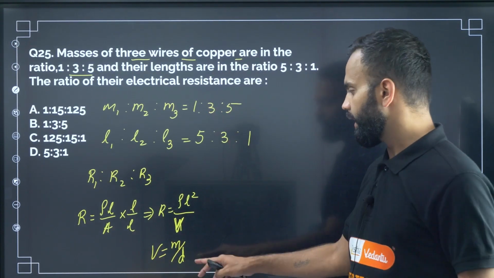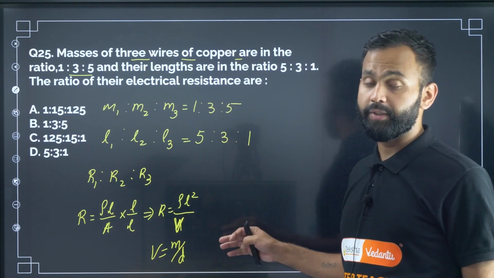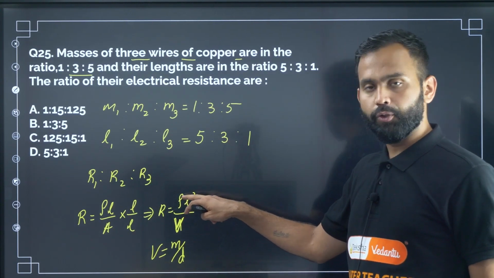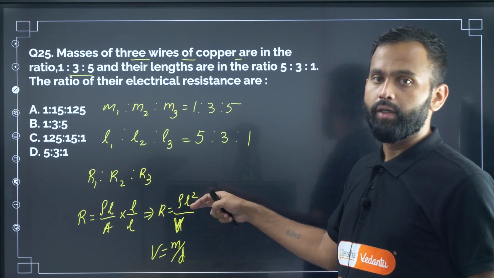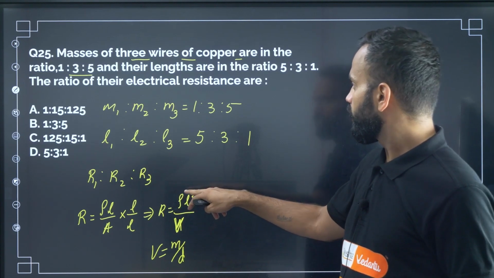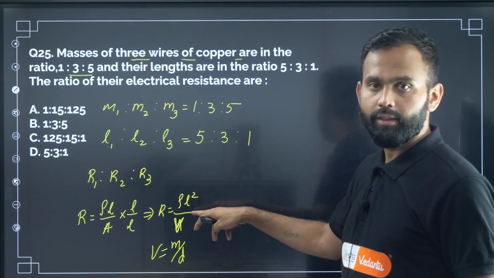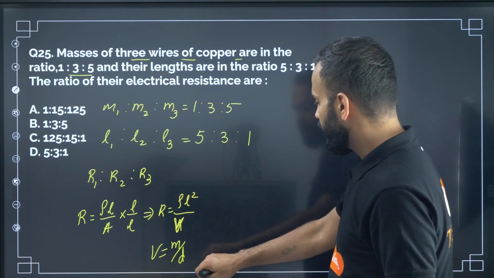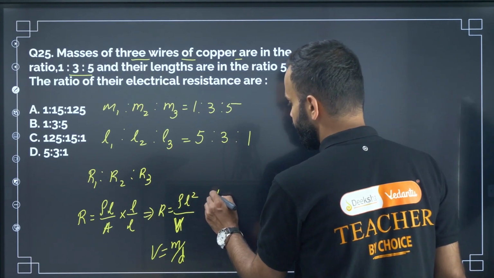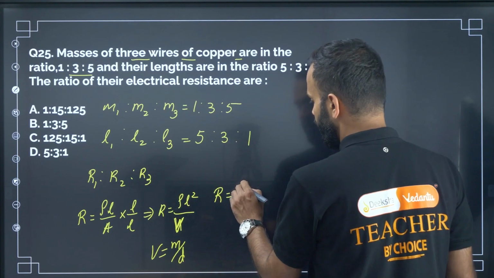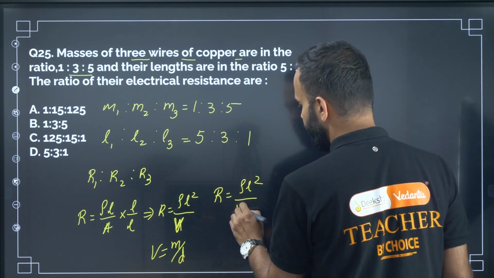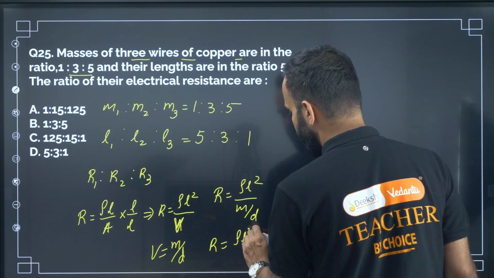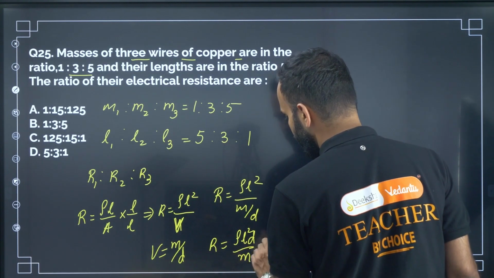Usually density is represented by rho, but here I have used rho for resistivity. So now R is equal to rho L square divided by m by d. That is R equals rho L square d divided by m.